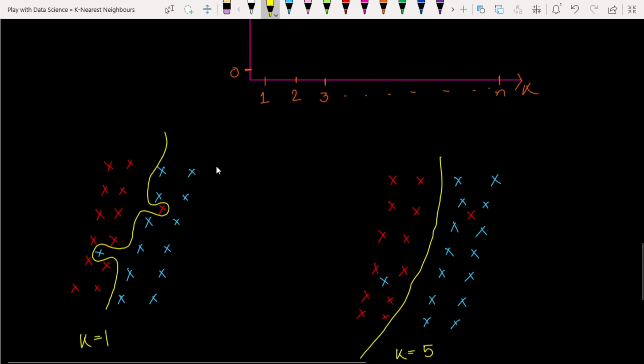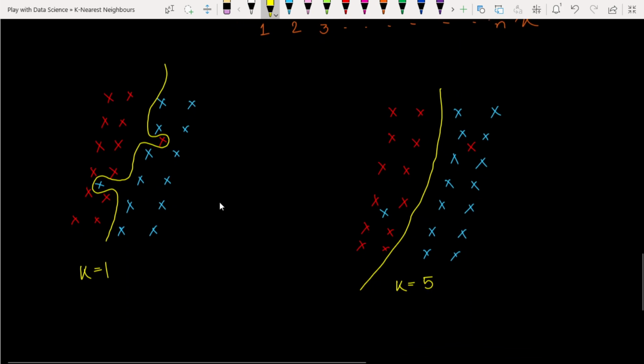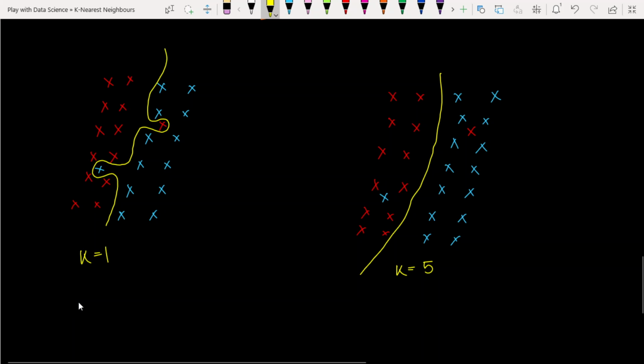We have already seen these things. When k equals 1, our training data are perfectly classified, because the neighbor points are coming from our train data.